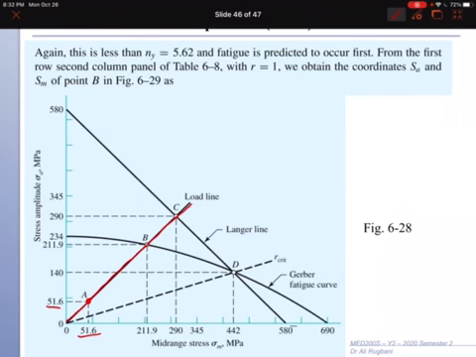In this curve, we have the Gerber fatigue curve, and we have the Langer line or check for yielding. It will cross the Gerber line here, and it will cross the yield line here. So the point is safe because the value here is less than what is given here. It is within the safe zone. So this material will not fail because of variable loading, and it will also not fail because of the static loading according to the yielding.